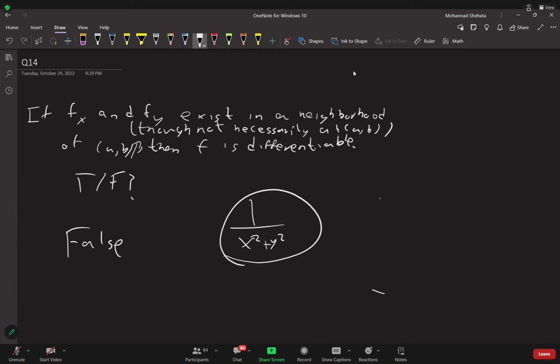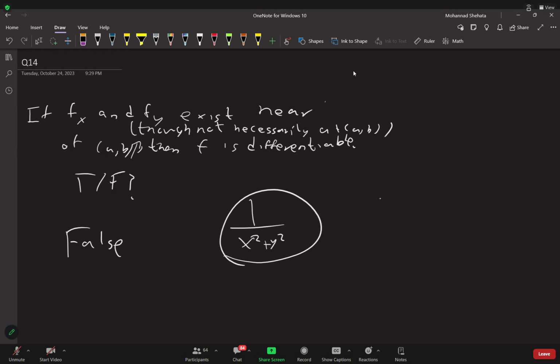So existence in some surrounding area of (a, b). When you say exist near (a, b), neighborhood is a formal term. Let's say near. If I say it exists near (a, b), I'm not saying it necessarily exists at (a, b).